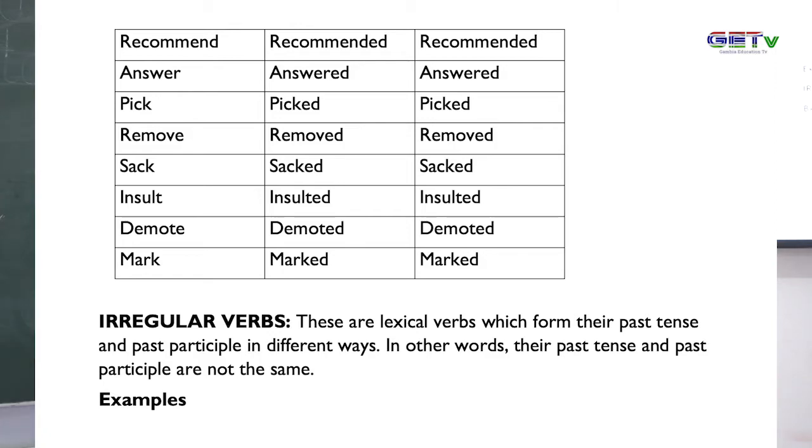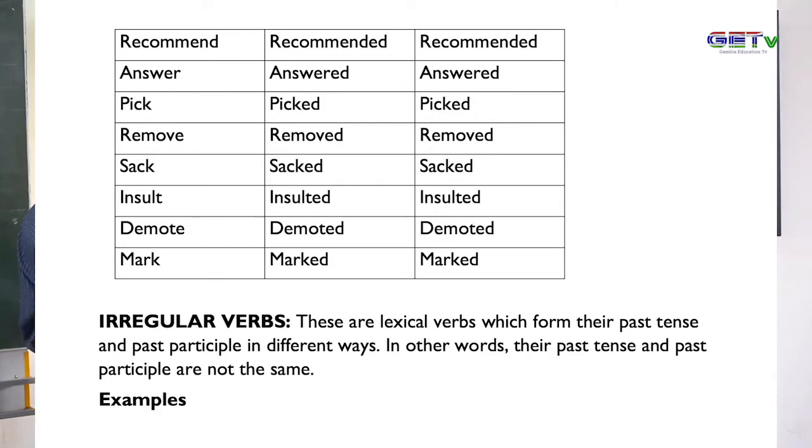Now when you come to irregular verbs, these are lexical verbs which form their past tense and past participle in different ways. In other words, their past tense and past participle are not the same. You see? So you take note of that. So let's look at irregular verbs. We have the base form, the past form, and the past participle.